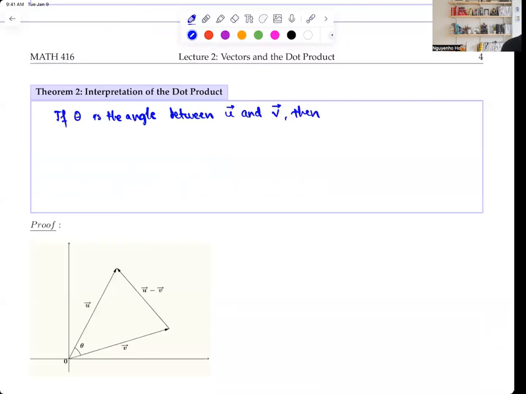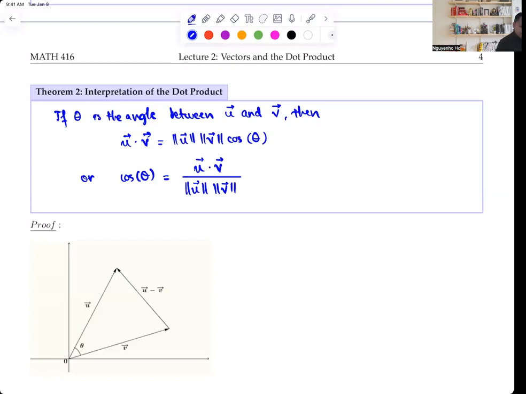then u dot v is equal to the magnitude of u times the magnitude of v times cosine of the angle between the two vectors. Or more specifically, to calculate the angle between these two vectors, cosine of theta equals u dot v divided by the magnitude of u times the magnitude of v.